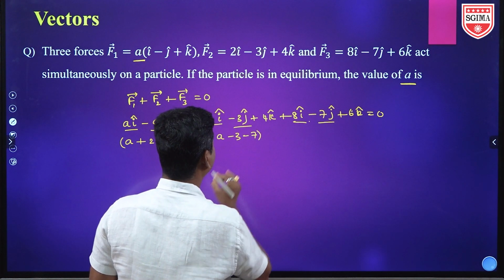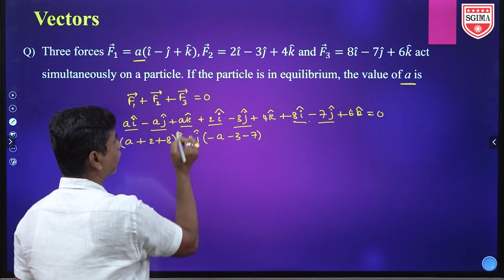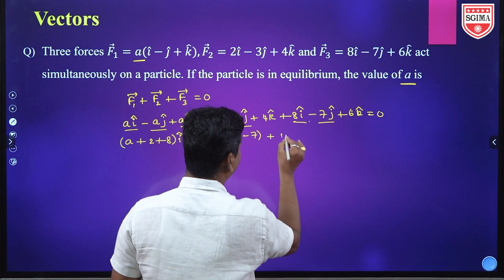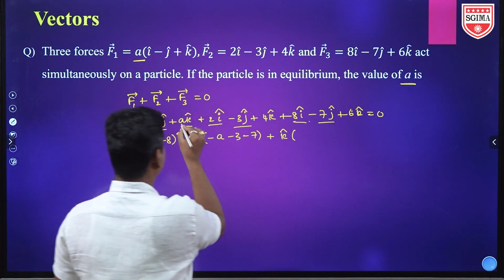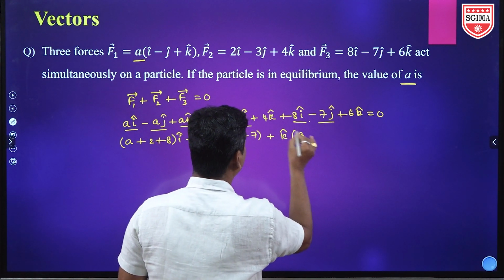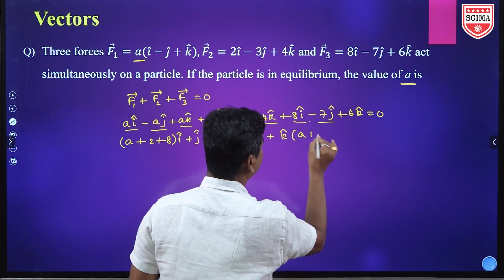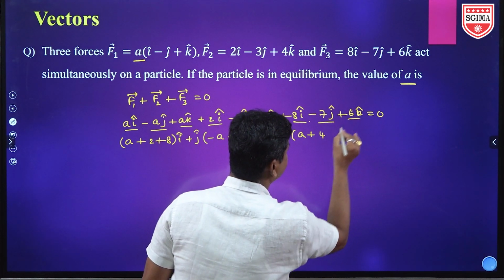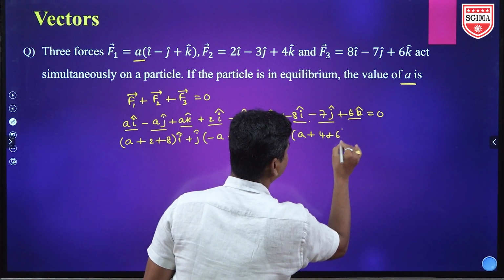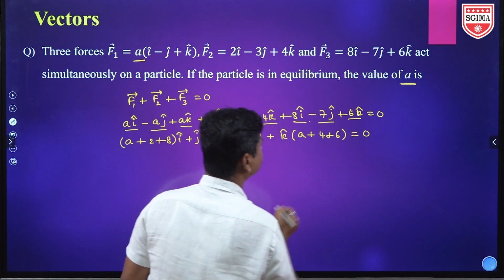Next take the k cap terms common: a, plus 4, plus 6, that is equal to 0.